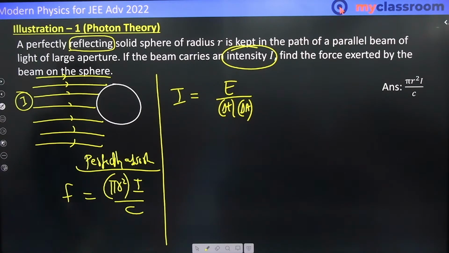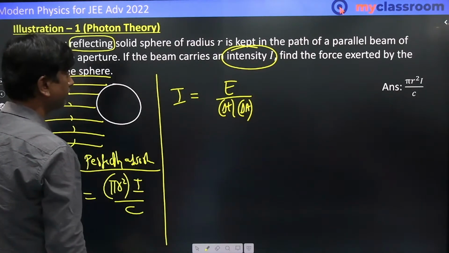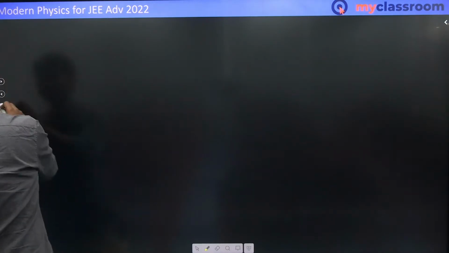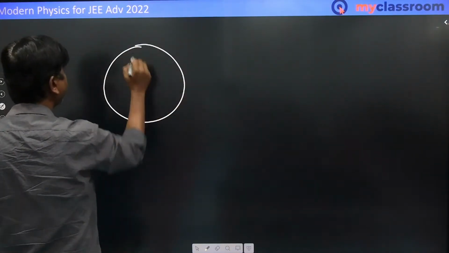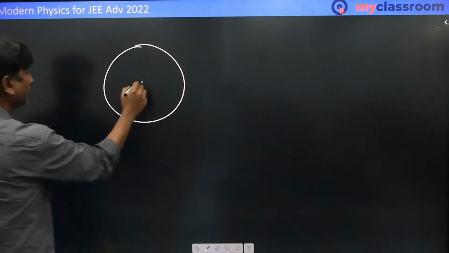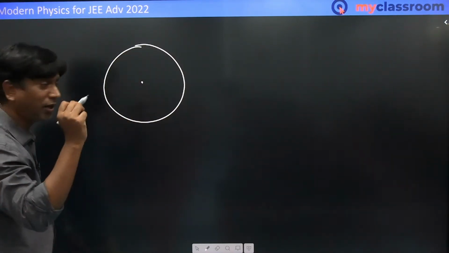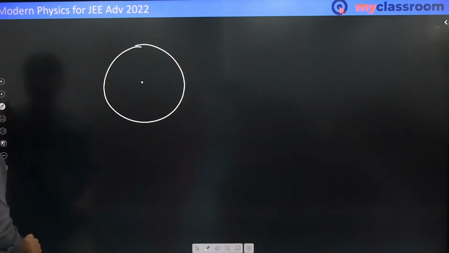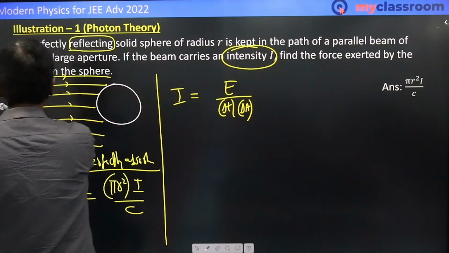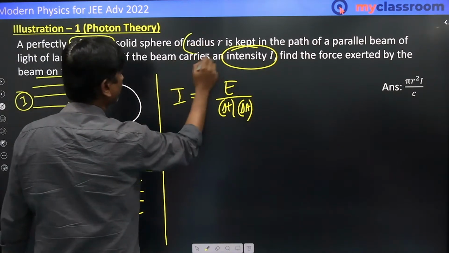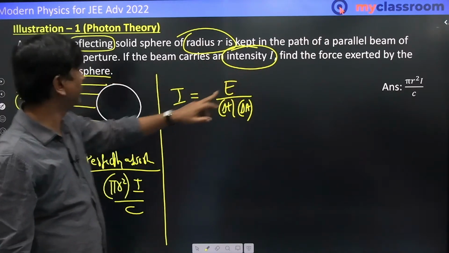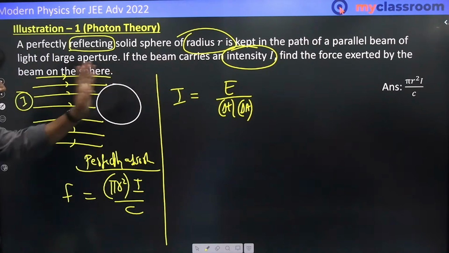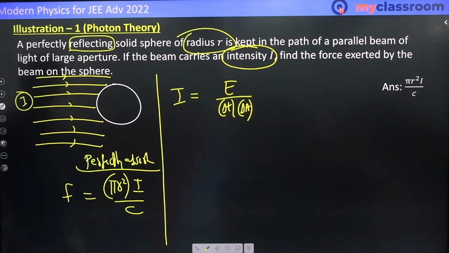The radius of the sphere is small, as given. Smaller radius is given, intensity is given, and reflecting is given. You have to find the force exerted. Hope the question is very clear to all the students.